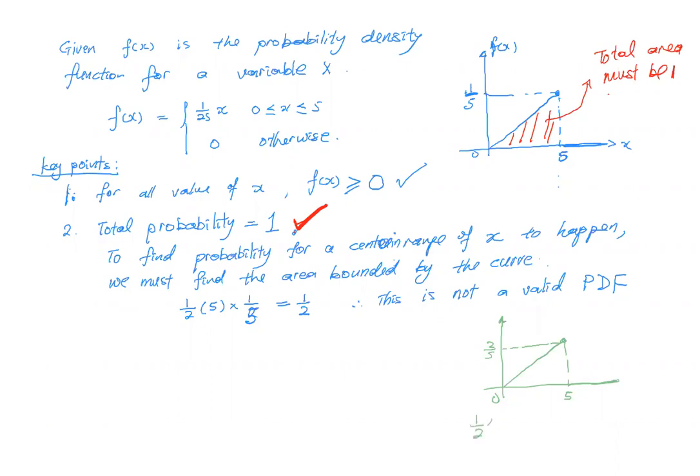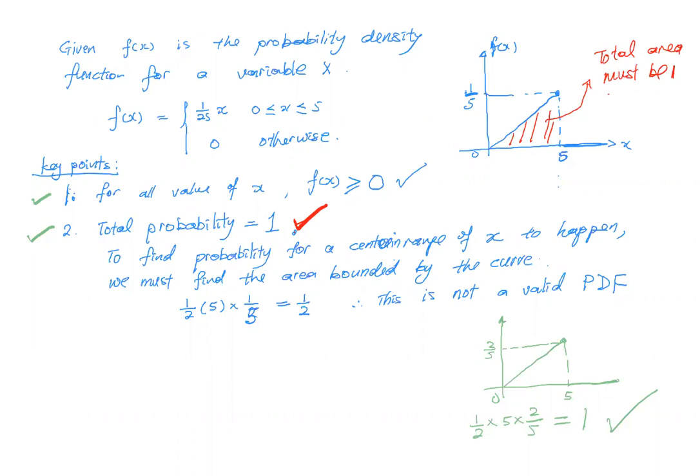Half base times height. So I get 1. So this one is valid. Every function that I give to you, you have to check whether it's a valid probability density function or not. Clear? So these 2 key points. Then I'm going to give an example, and we are going to first decide whether it's valid or not.